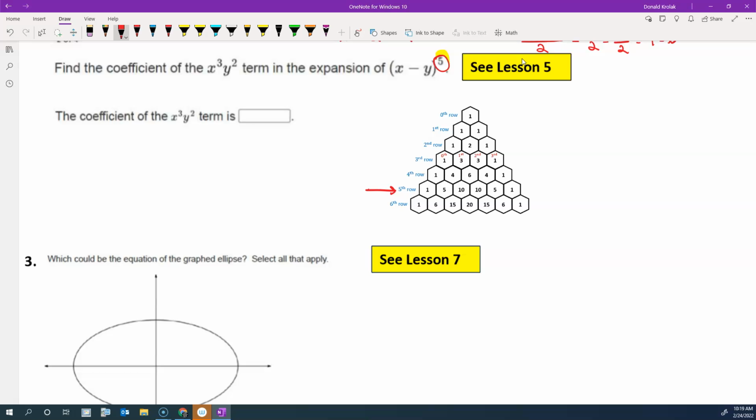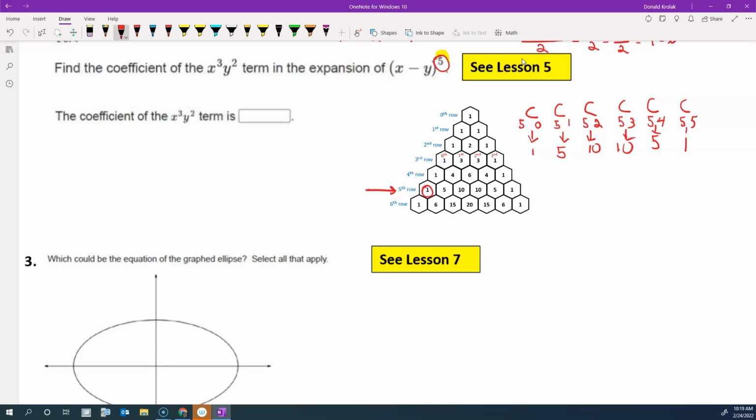For example, that coefficient right there is the combination 5 choose 0, which equals 1. The next one is 5 choose 1, which is 5. And then 5 choose 2, which is 10, and so on. 5 choose 3, 5 choose 4, 5 choose 5.